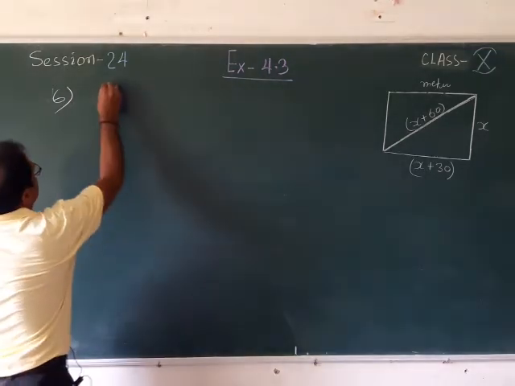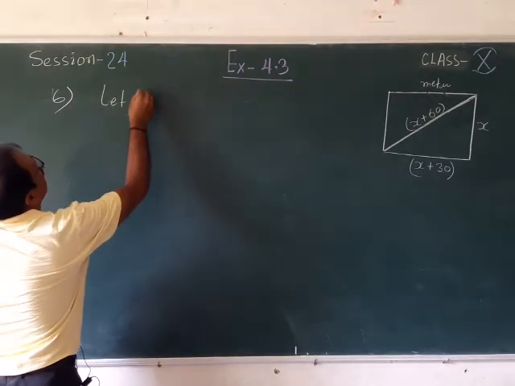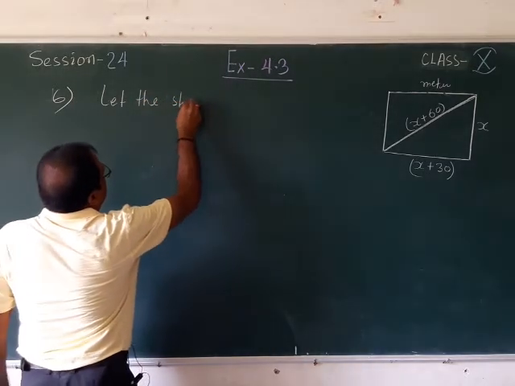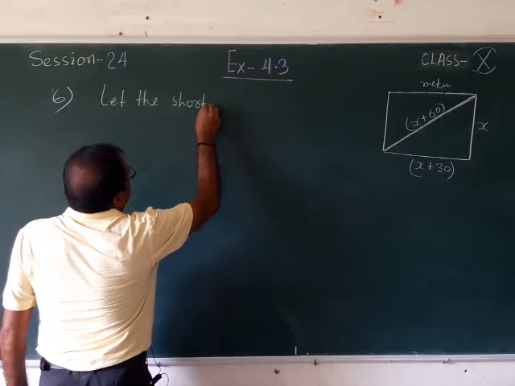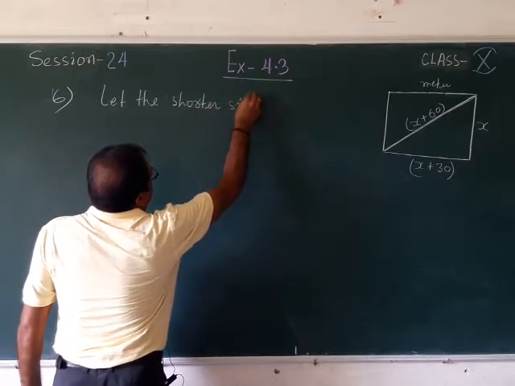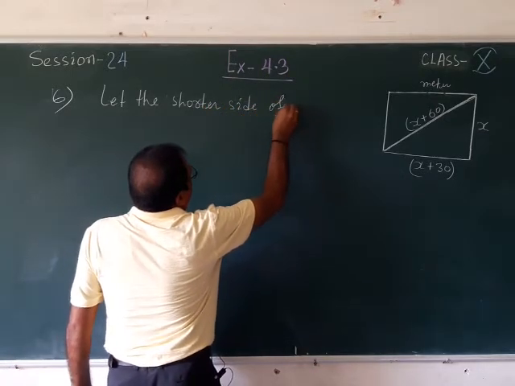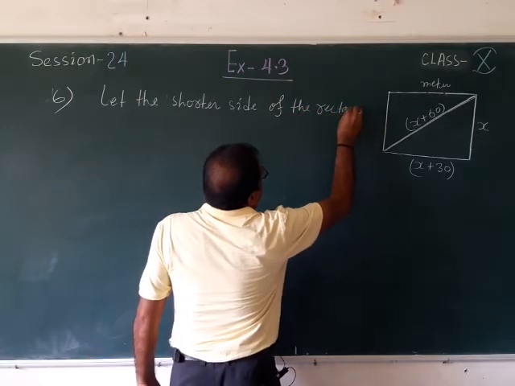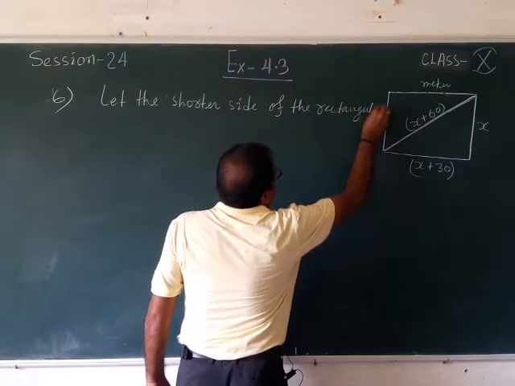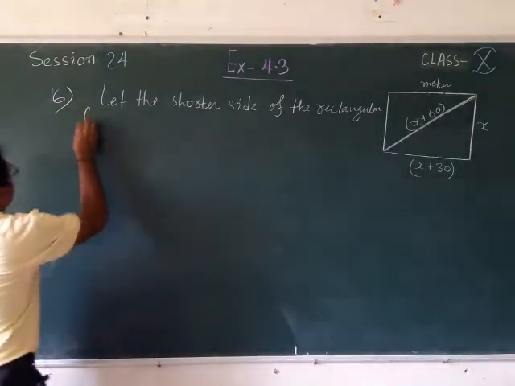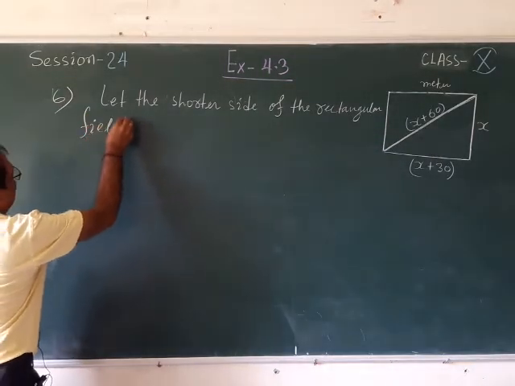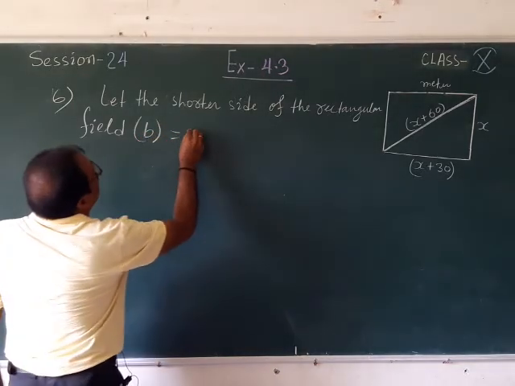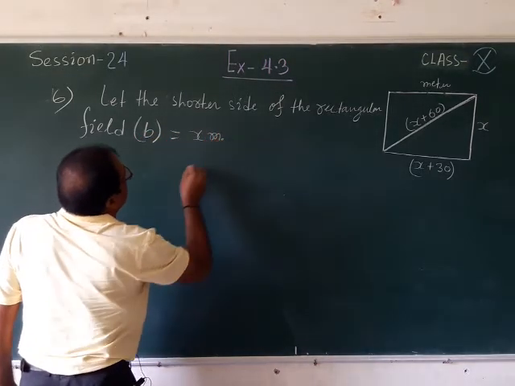Now, let the shorter side of the rectangular field, that you know is the breadth, be equal to x meter.